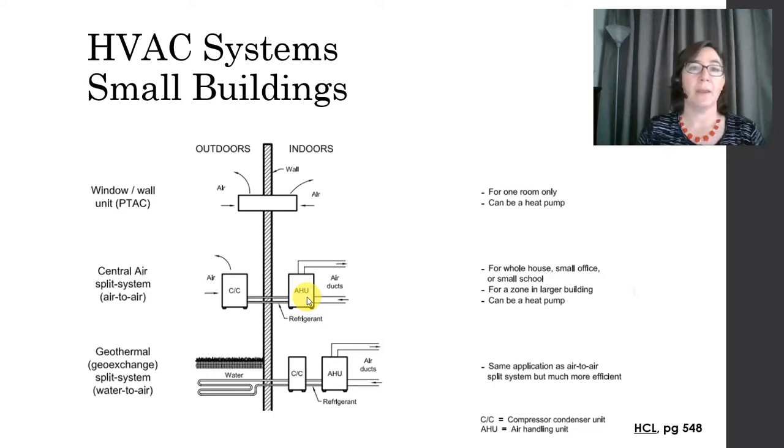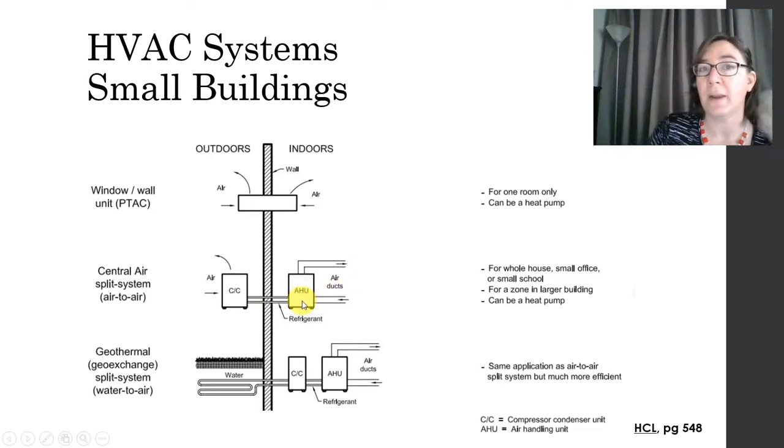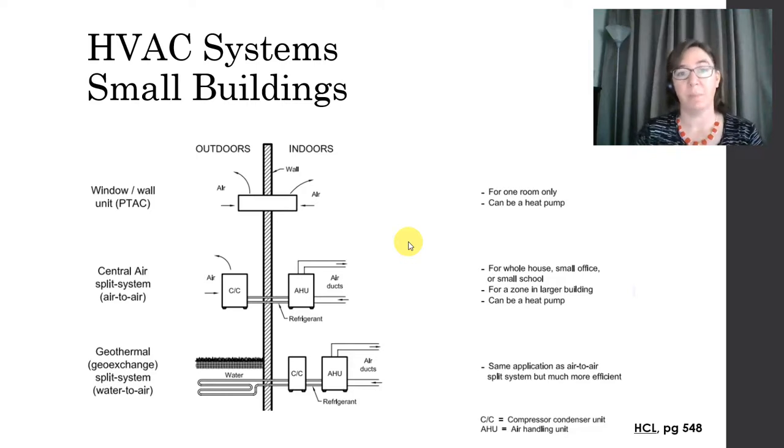Right, and so our refrigerant liquid is being transferred between these two pieces. That's why it's a split system. All right, they're in two different locations. Right. Then in the air handling unit on the inside, we have a fan running with here's our supply air, all right, and it's being cooled or heated, all right, and then being delivered out to your different spaces.